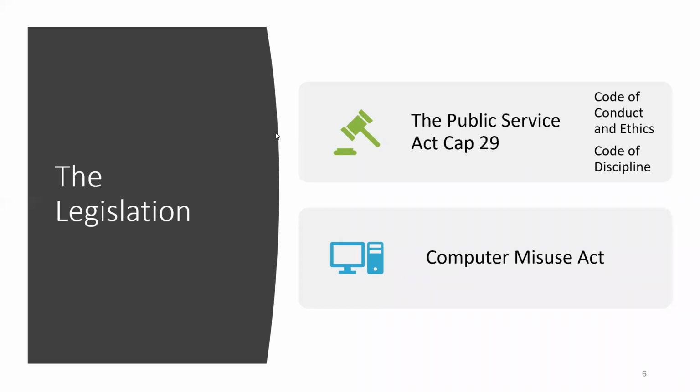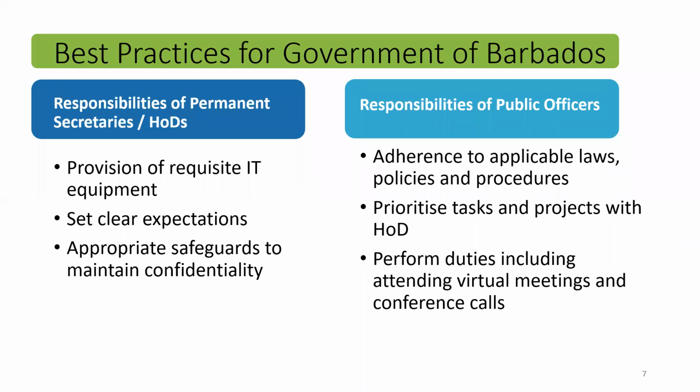Now, when persons are working remotely from home, there are best practices which must be employed. And these best practices speak to the responsibility of the management as well as the responsibility of the staff member.